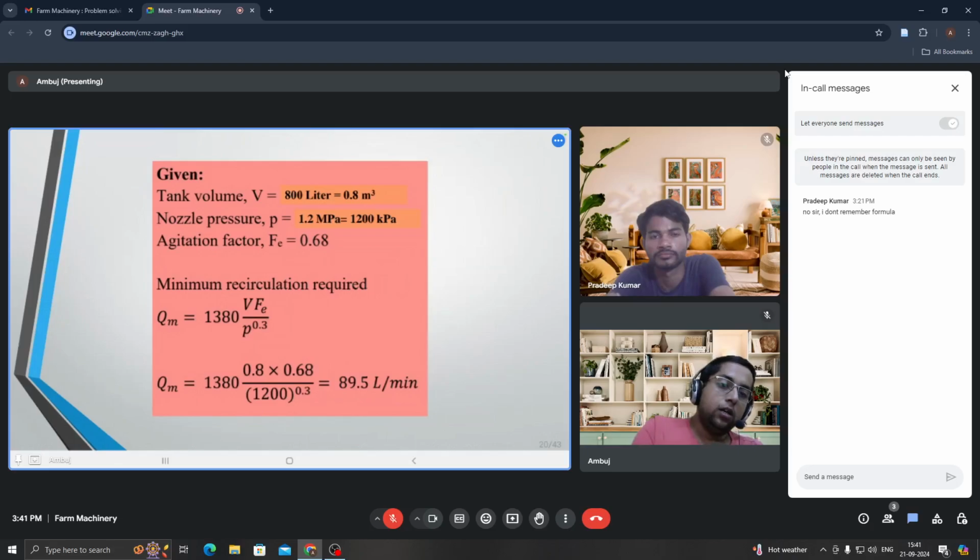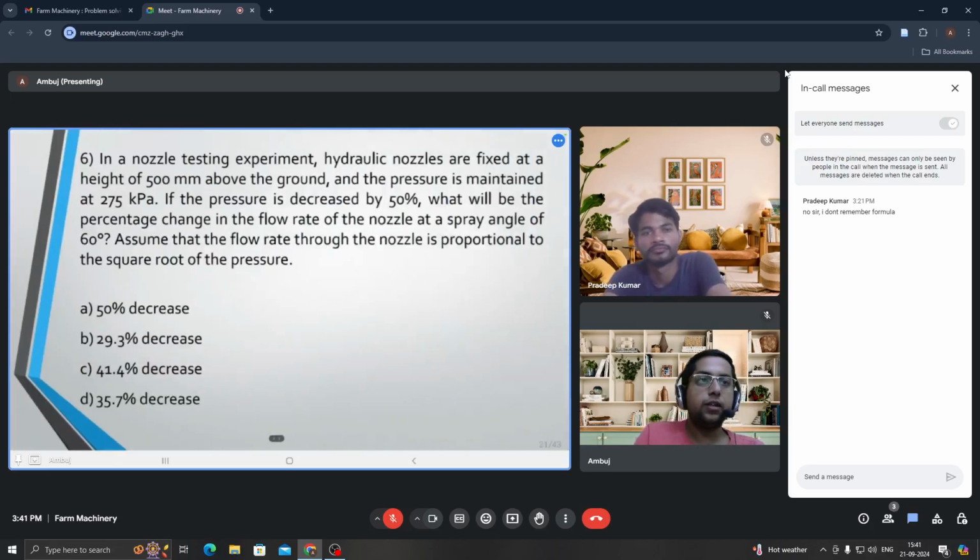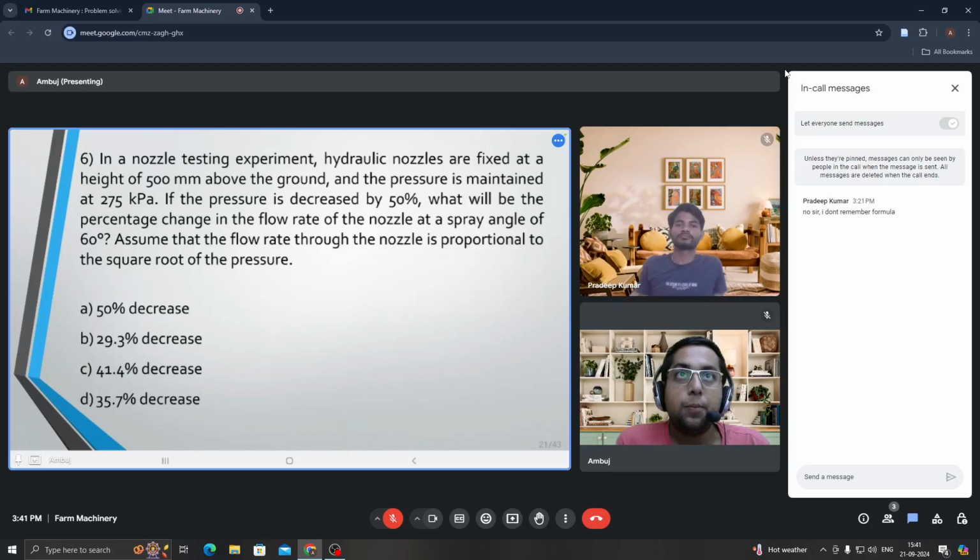Moving forward, next question for the day. In a nozzle test experiment, hydraulic nozzles are fixed at a height of 500 above the ground. Pressure is maintained at 275 kilopascal. Pressure is decreased by 50%.